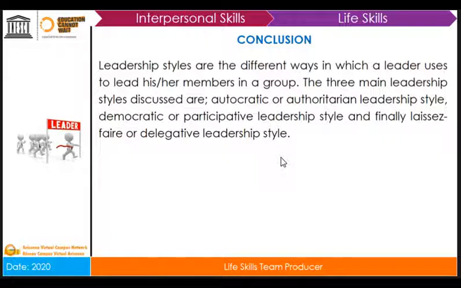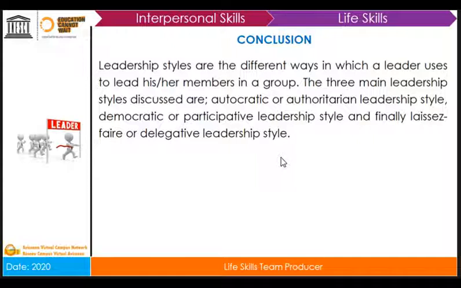To conclude, in this sequence, you have learned about leadership styles. Leadership styles are the different ways in which a leader leads his or her group members.